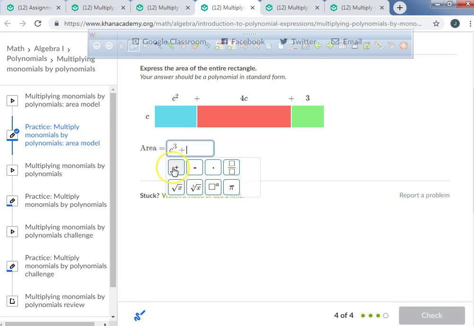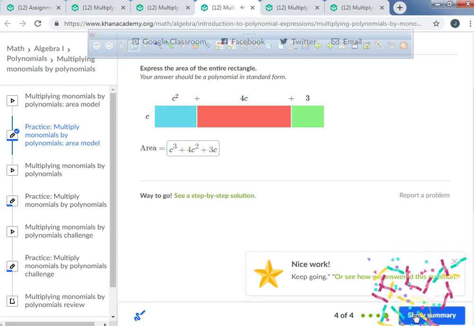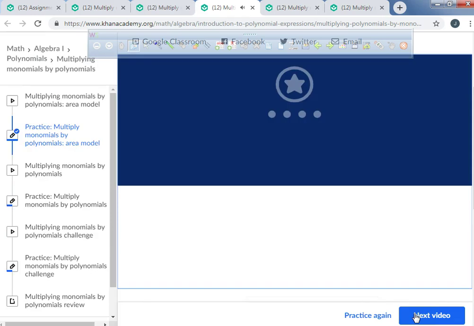And what did we say the next one was? 4c squared, because c times c is c squared. That's right. And what's the product of 3 times c? That's right. There we go. And see, that's all you have to do. See how easy that is? And you're done. All right, let's go to the next one.